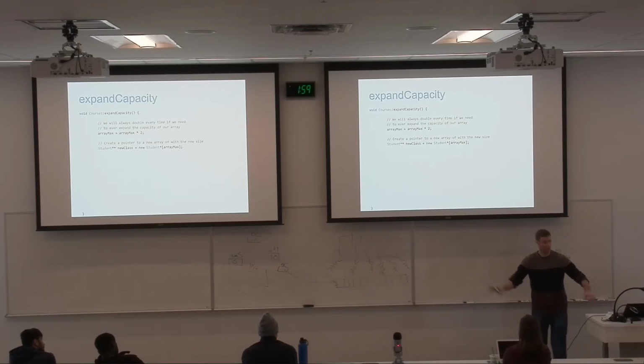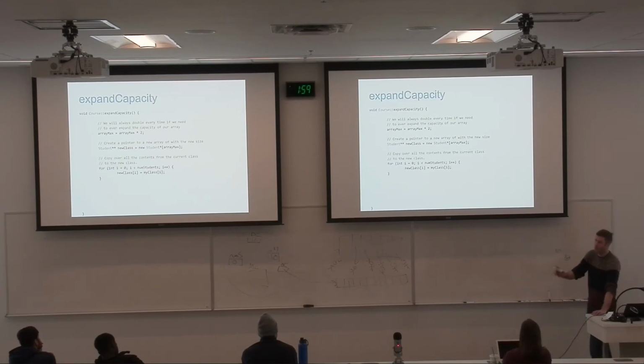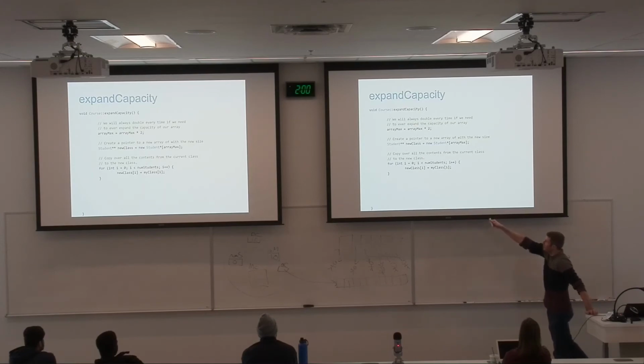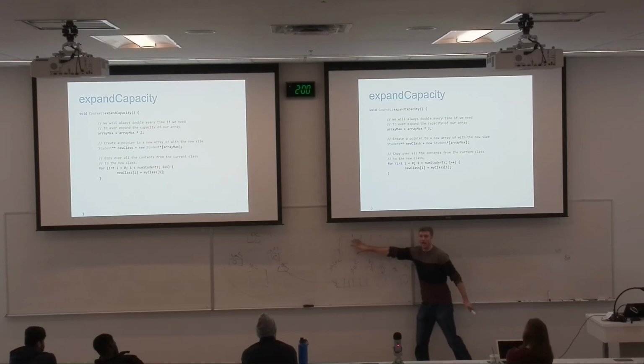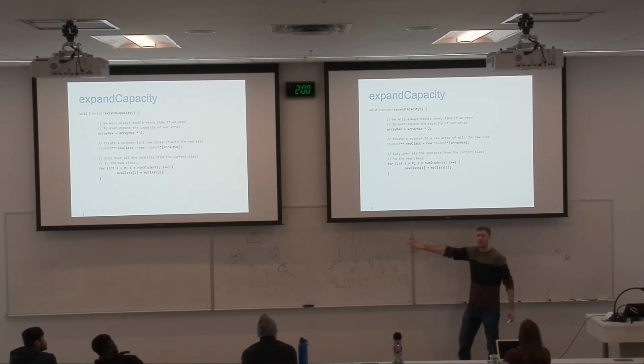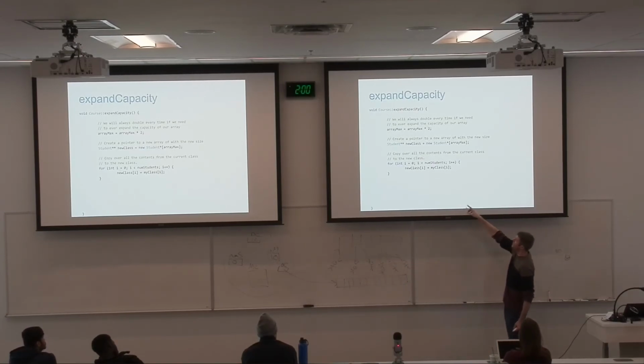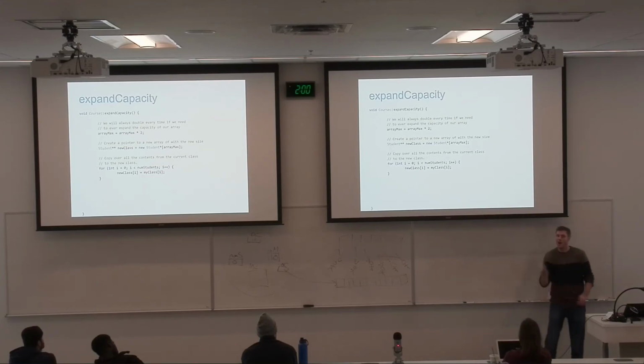Here's what I'm going to do. What does this code do? It says, for 0 to num students, go into my class, this is my class, and copy over the contents of my class at location I. What is the contents of my class at location I? A pointer to a student.